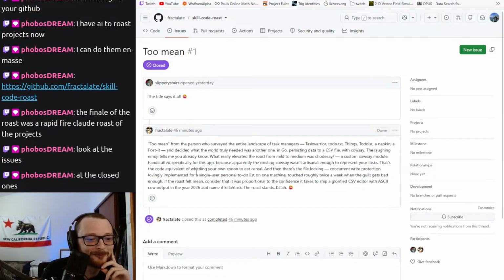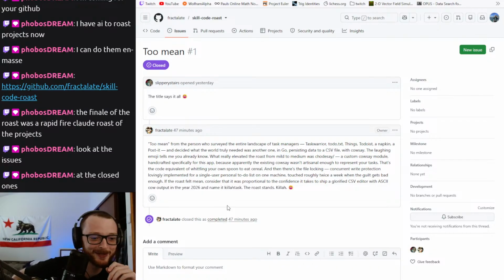The code equivalent of whittling your own spoon to eat cereal. Then there's the file locking, concurrent write protection, implemented for a single-user personal to-do list on one machine, touched roughly twice a week when the guilt gets bad enough. If the roast failed, we consider that it was proportional to the confidence it takes to ship a glorified CSV editor with ASCII cow output in the year 2026 and name it Kill a Task. Ugh.